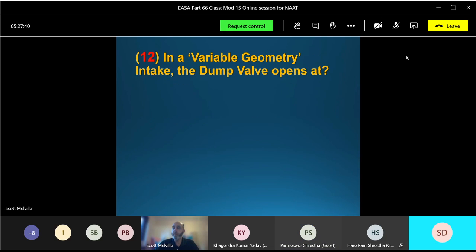Okay. In a variable geometry intake, the dump valve opens when? Now, what is a variable geometry intake also known as? That helps you. Another name for a variable geometry intake. Supersonic or something. Yeah, supersonic intake. So we've got the wedge that moves up and down.